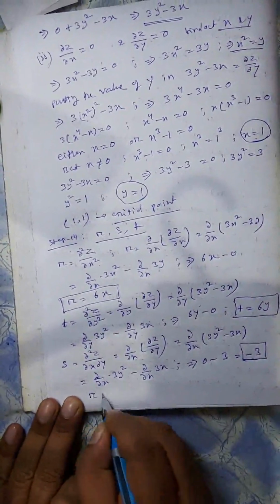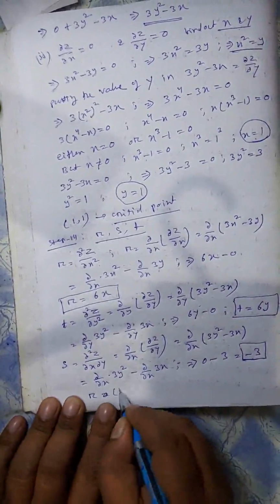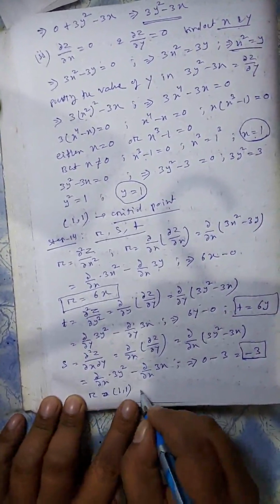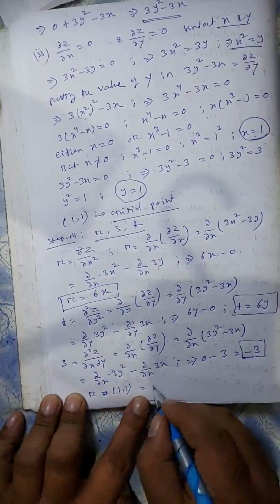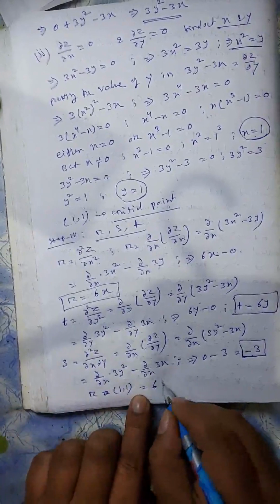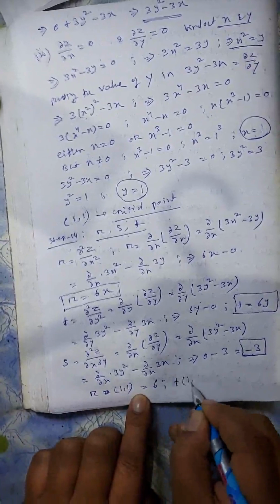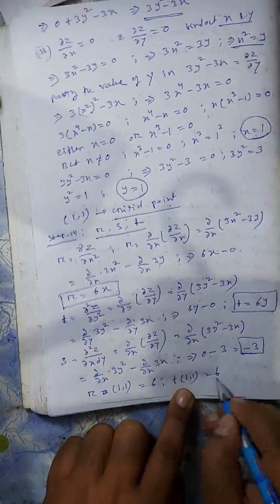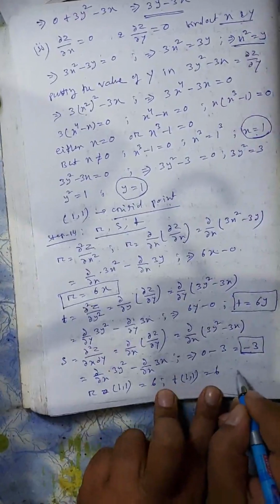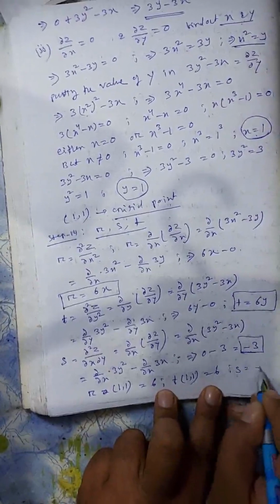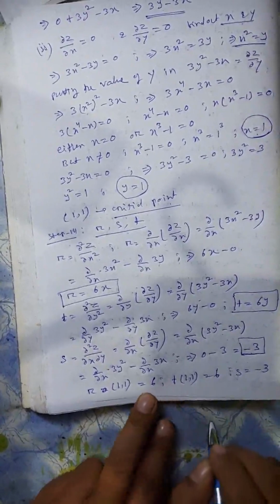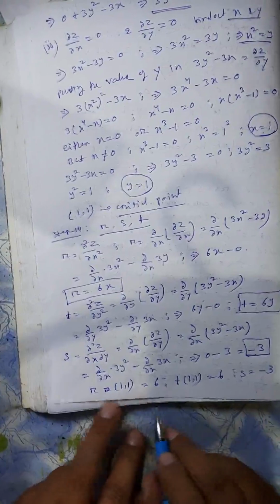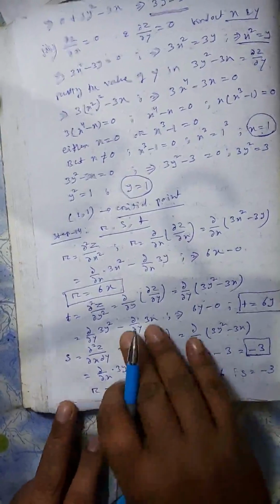Then what is the value of r, s, t? Now r value at the critical point (1, 1), we put 1 for x, so 6. The t value at the critical point, we put 1 for y, 6. So here the s value we get is minus 3. Okay, these are the values: 6, 6, minus 3. Then what is the condition?